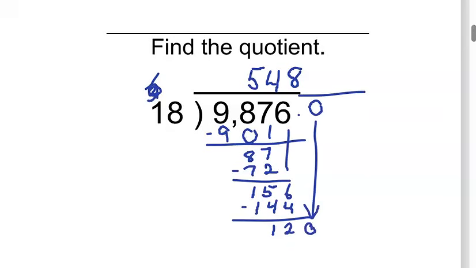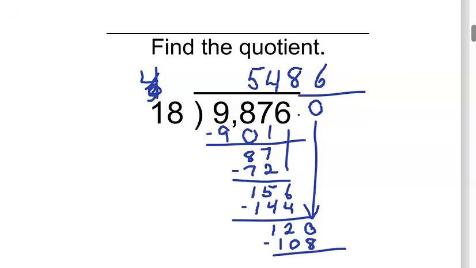So how many times does 18 go into 120? I was thinking maybe 7, but I think that's going to be a little bit too high. So I'm going to try 6 and see if that works. 8 times 6 is 48. 6 times 1 is 6, plus 4 more is 10.